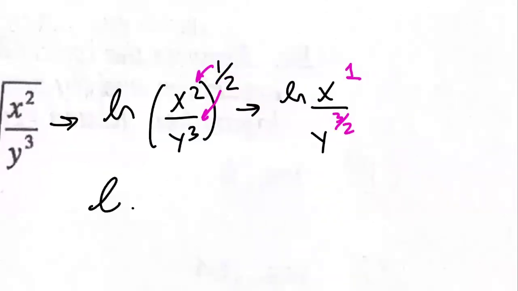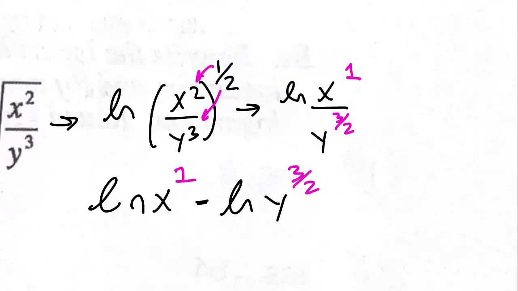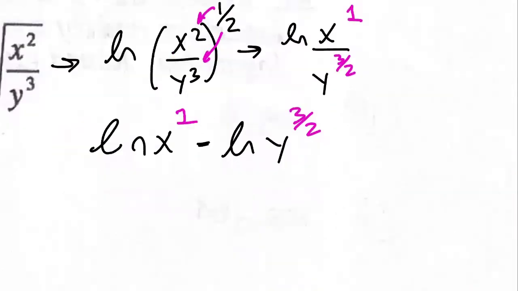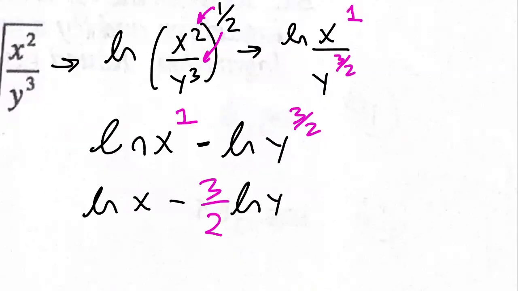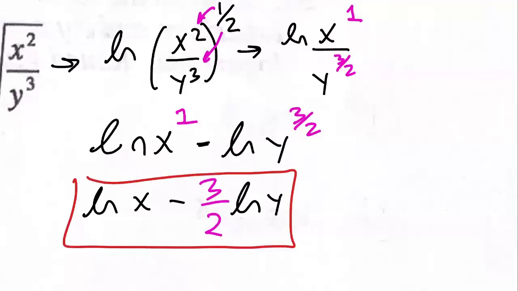So ln of x to the power of 1 minus ln of y to the power of 3/2. Since this is just to the power of 1, we don't have to do the power rule. And that would be your answer.